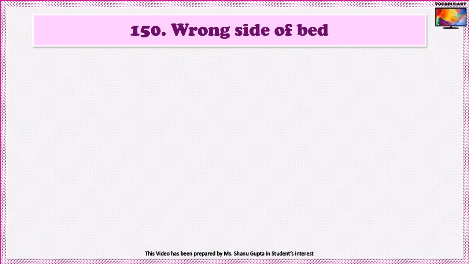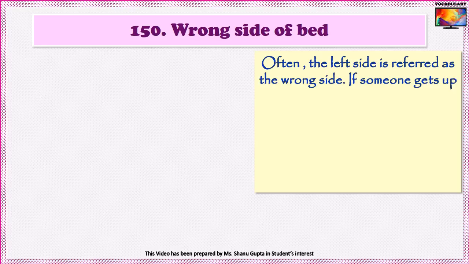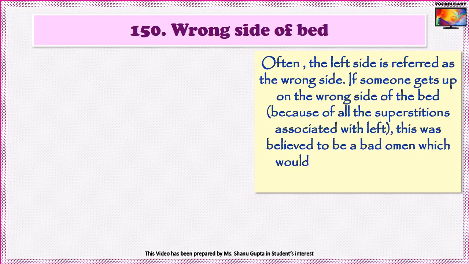And the last idiom in this lesson is to wake up on the wrong side of bed. Left, as opposed to right, has long been considered evil or inauspicious by various societies. Often, the left side is also referred to as the wrong side. Say, for instance, if someone gets up on the wrong side of the bed, it originally meant to get up on the left side.